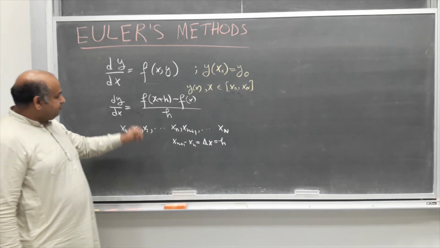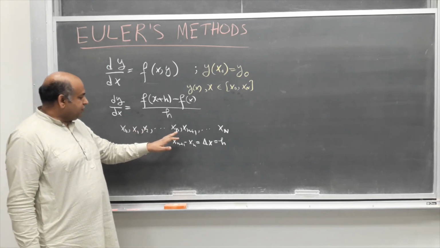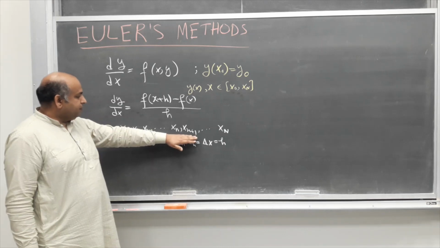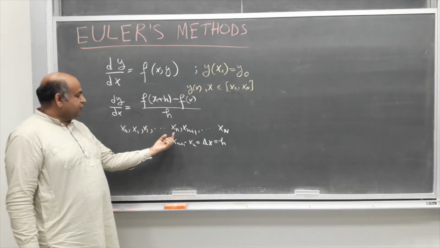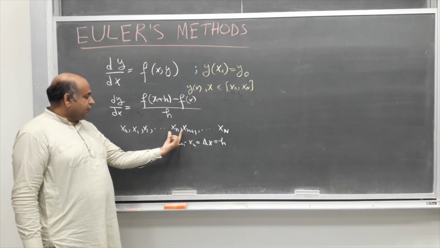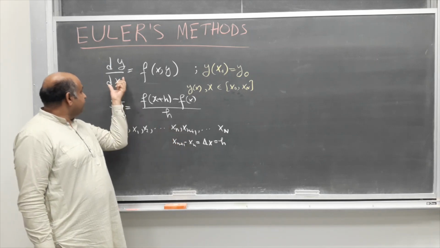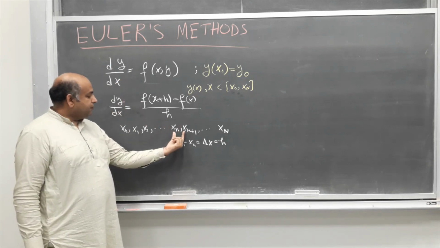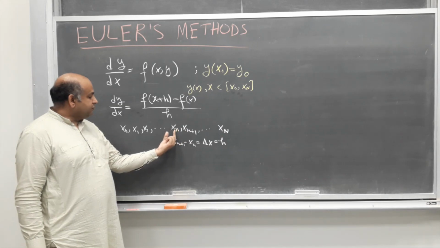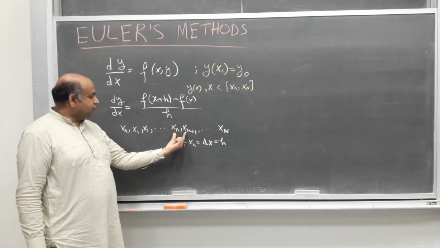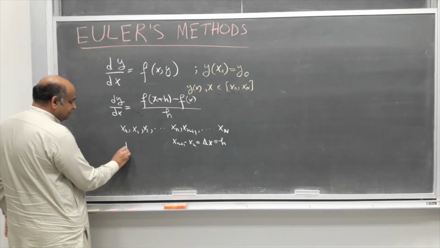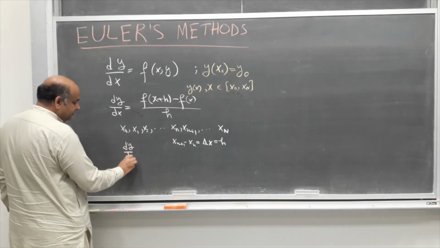Now, suppose we pick two arbitrary successive points from this partition of the interval, say xn and xn plus 1, and we can write the derivative of this function at this point using these two values of x.